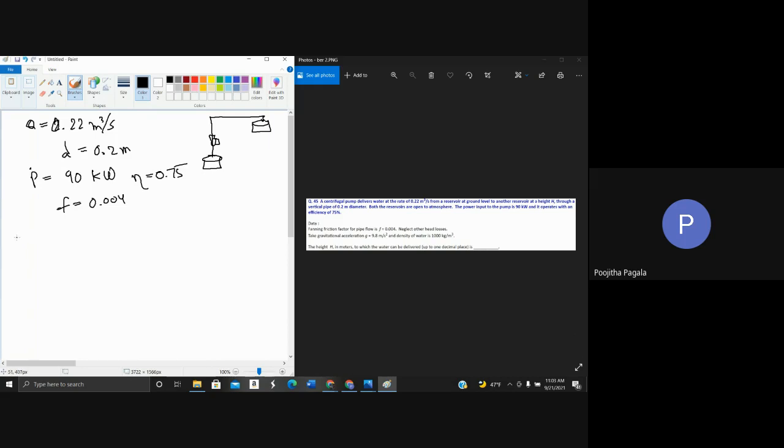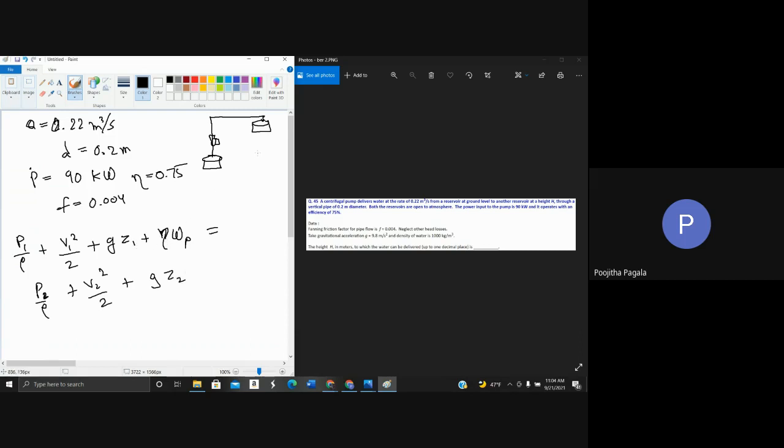Both the reservoirs are open to atmosphere. So it's going to be P1 by rho plus V1 square by 2 plus GZ1 plus eta into WP should be equal to P2 by rho plus V2 square by 2 plus GZ2.